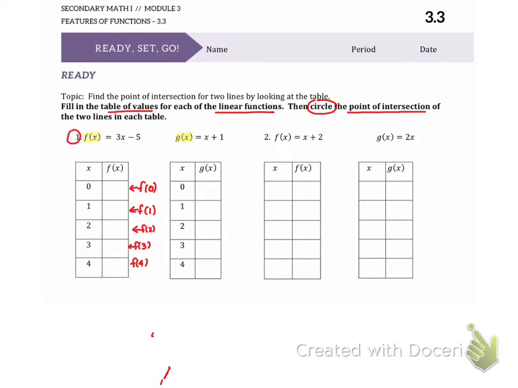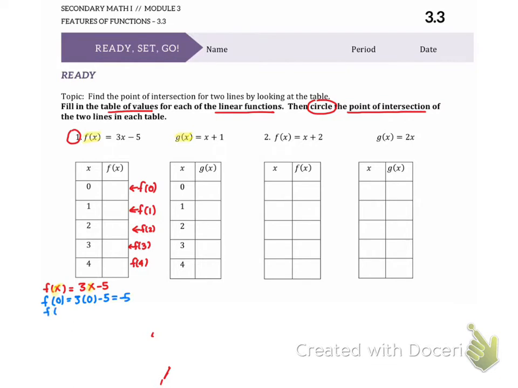I will be finding out f of 0. f of x is given as 3x minus 5, and what we have to do is just a substitution. This x is going to be replaced by 0, 1, 2, 3, 4 and so on. So f of 0 is 3 times 0 minus 5, 0 minus 5 is minus 5.